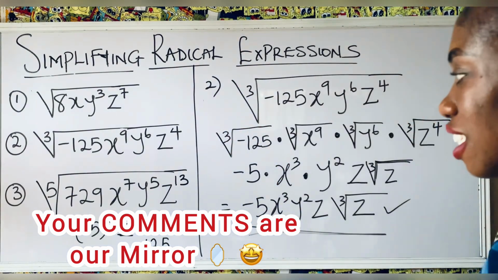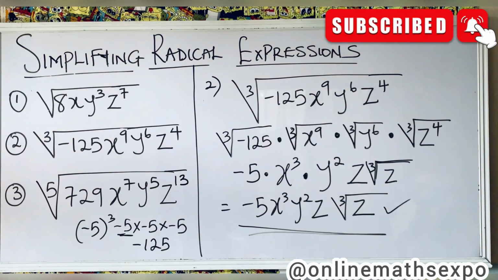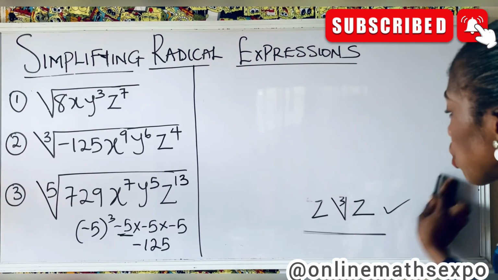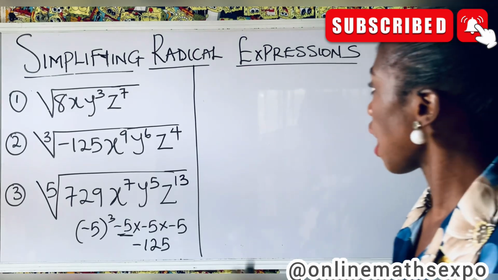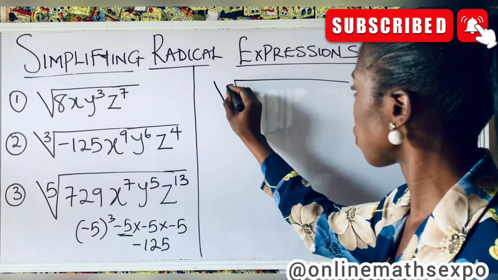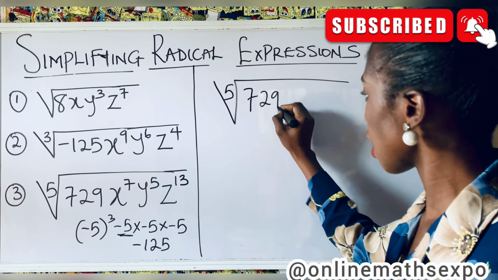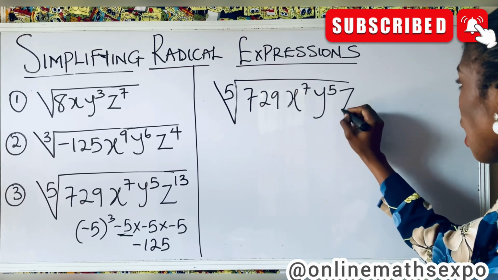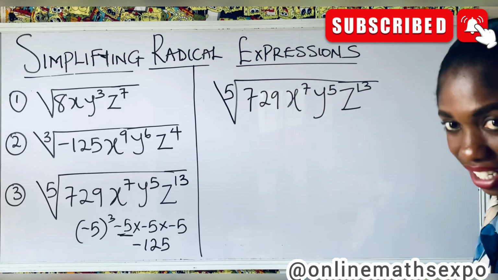Now, finally, let's look at the last question. In this last question, what do we have? We have the 5th root of 729 x to the 7th y to the 5th and z to the power of 13.